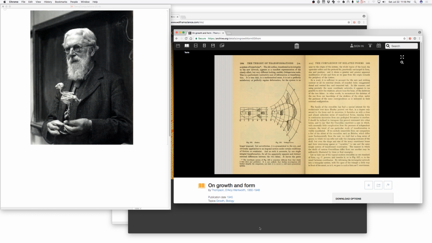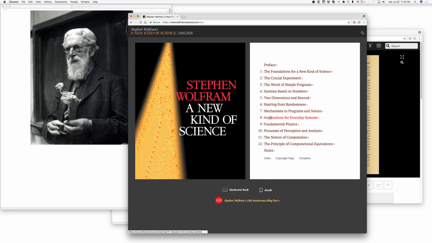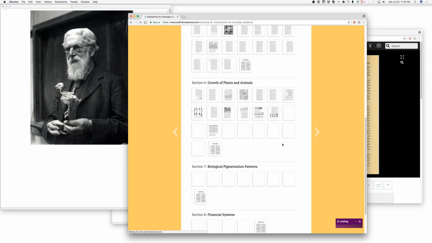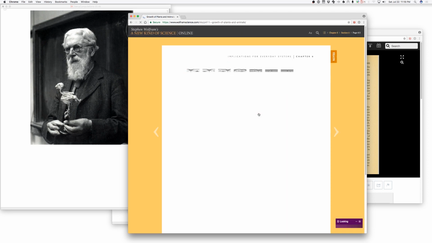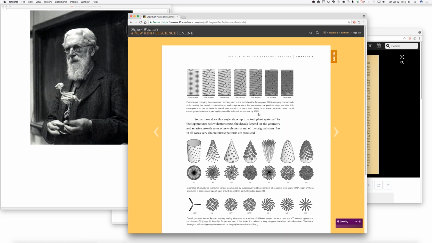Why do I care about this stuff? Well, needless to say, in my big book, I studied a bunch of things about, see, I have a section called Growth of Plants and Animals, which is about things like how plants can grow and so on. Let me just see.